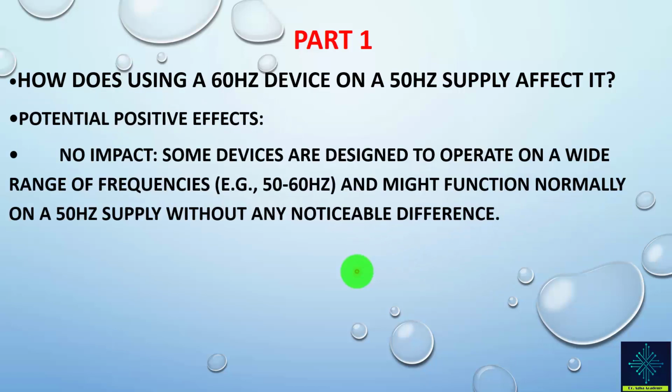The potential positive effect would be no impact. Some devices are designed to operate on a wide range of frequencies, simply between 50 to 60 Hertz, which is very common nowadays, and hence it will function normally on a 50 Hertz supply without any noticeable difference.